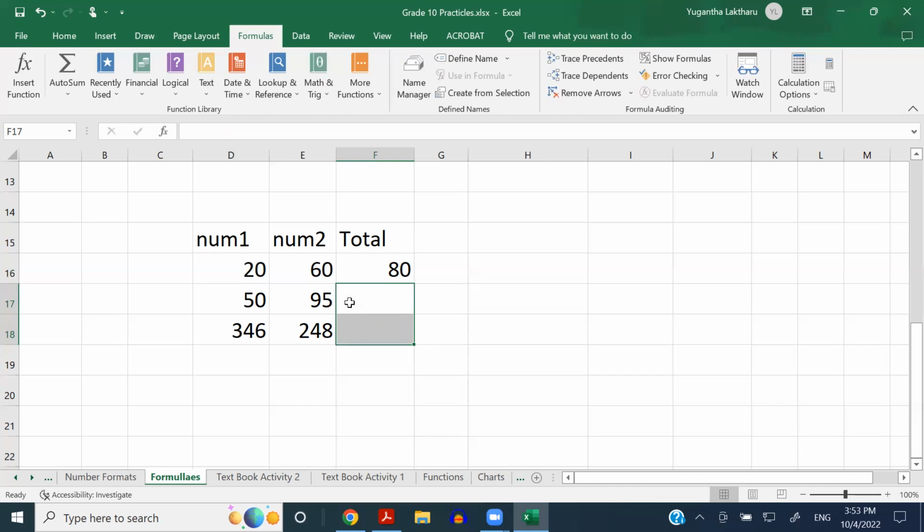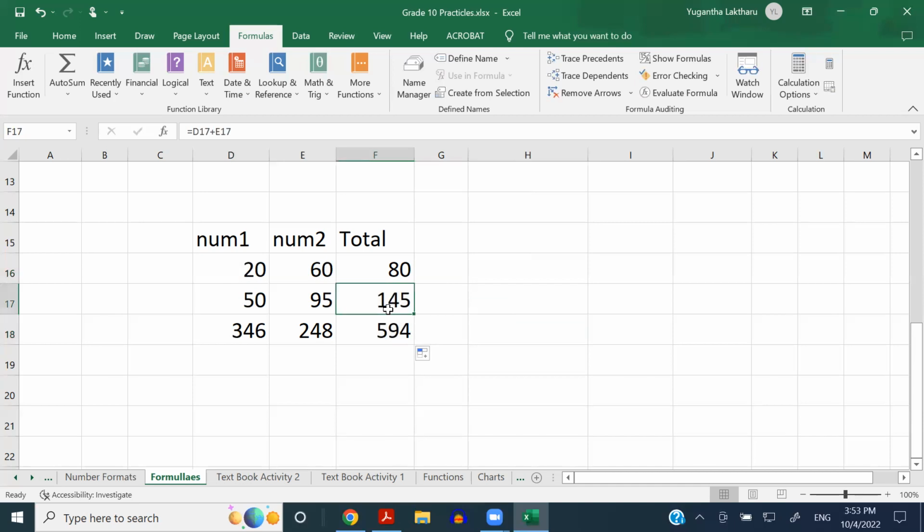It is as simple as that. So here we got the first equation. I'm going to use the fill handle. When you move your mouse pointer to the edge of the fill handle, it gives you a small plus. Once you drag it down, look at that.